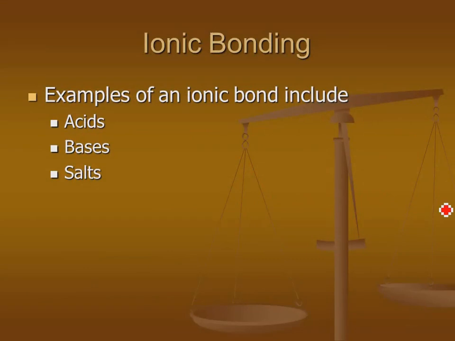We're going to come across a lot of ionic bonding, both in fluid and electrolyte balance as well as acid-base balance. You don't need to know this quite yet, but when an acid and a base come together to neutralize each other, the resulting compounds are a water and a salt.